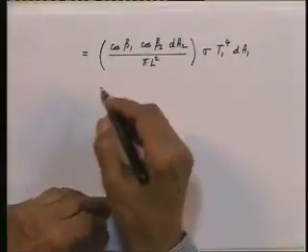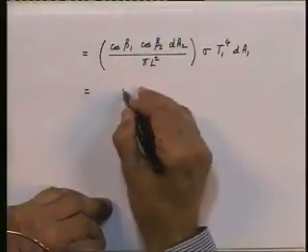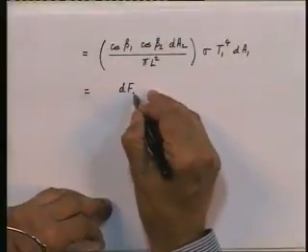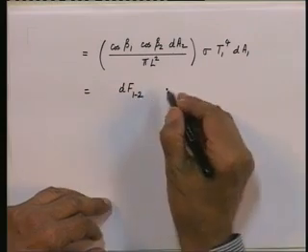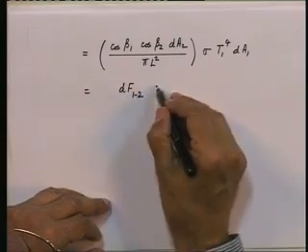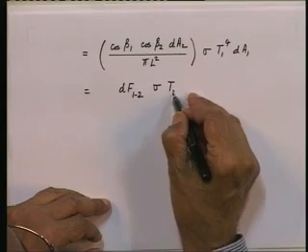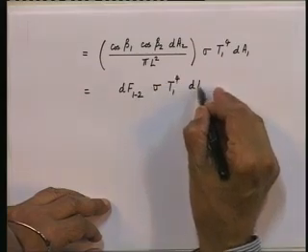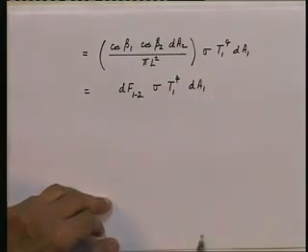And the quantity within the curved brackets I am going to indicate by the symbol dF 1 to 2, so that the rate is equal to dF 1 to 2 sigma T1 to the power of 4 dA1.